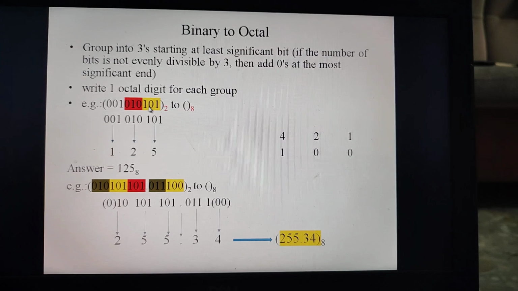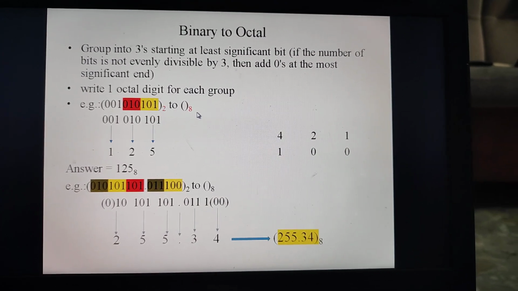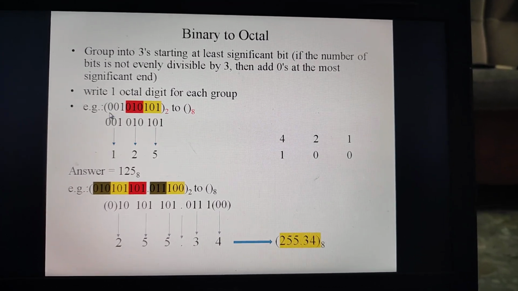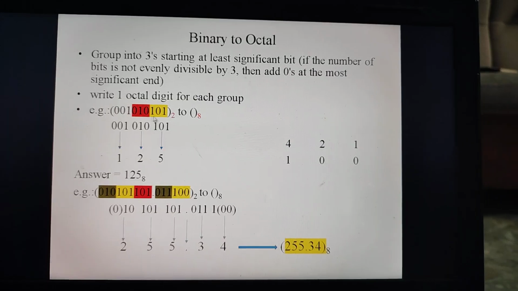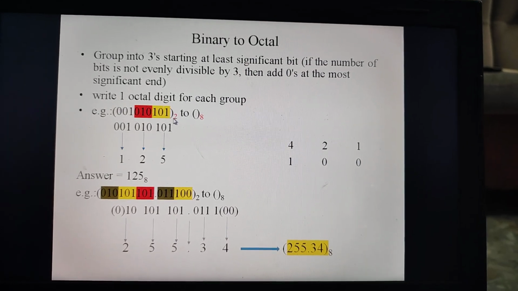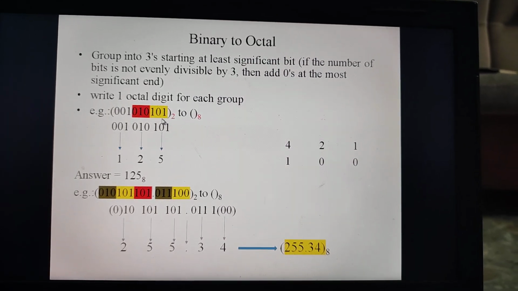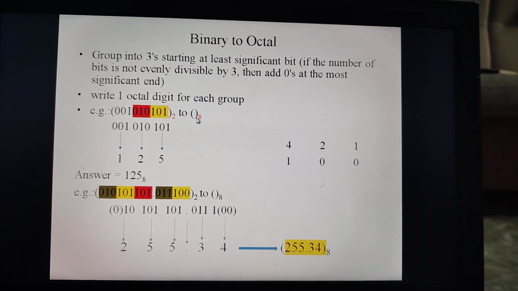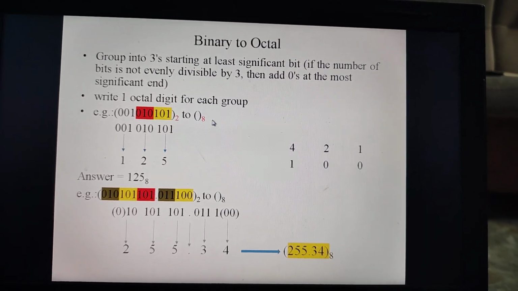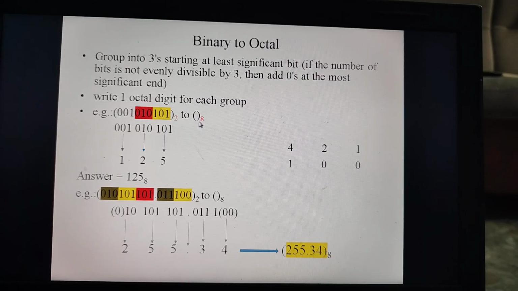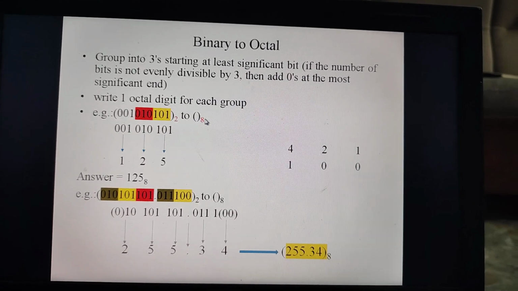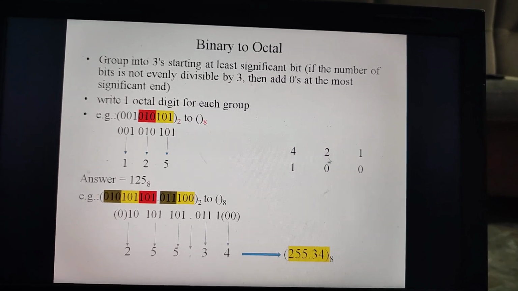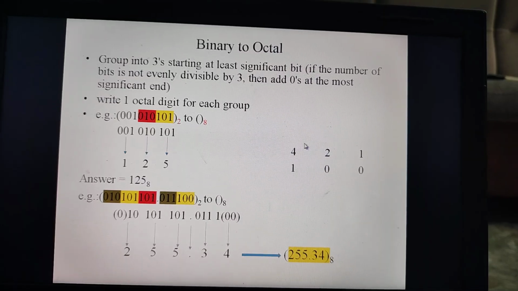How can this conversion be done? Here we have taken this question: this binary number is going to be converted into an octal number. Octal means we have 8 values in total, ranging from 0 to 7, in the form of 1, 2 and 4.